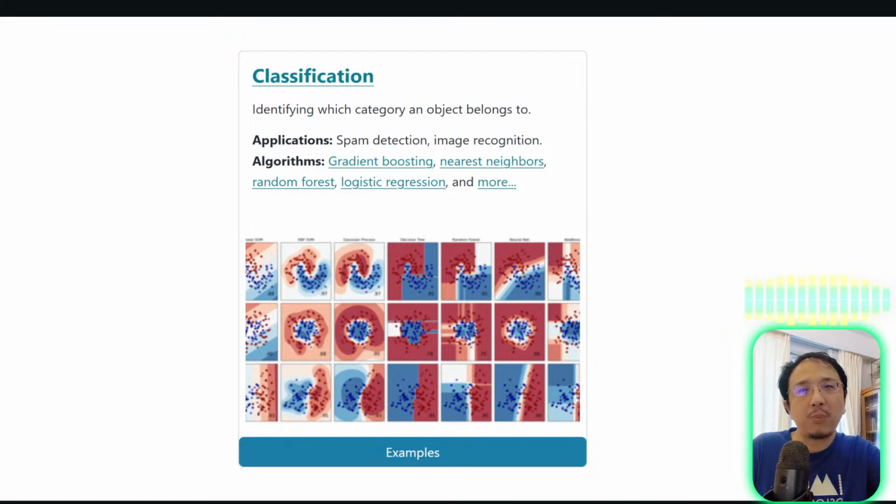The classification problem is that, given some examples, we try to categorize them into different classes. Like for digit recognition, we separate them into 10 different categories: 0, 1, 2, 3, 4, 5, 6, 7, 8, 9.